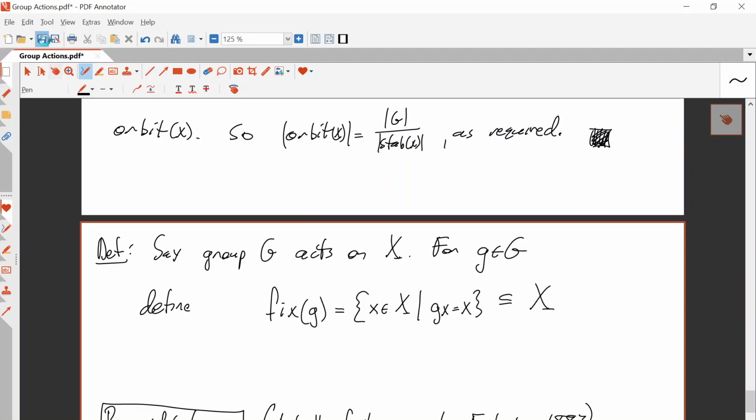So the fixed set, the fixed points. G acts on X, and for a group element g, the fixed points of g are the set of all x in X such that the action of g on x is x. So it's similar to the idea of the stabilizer.